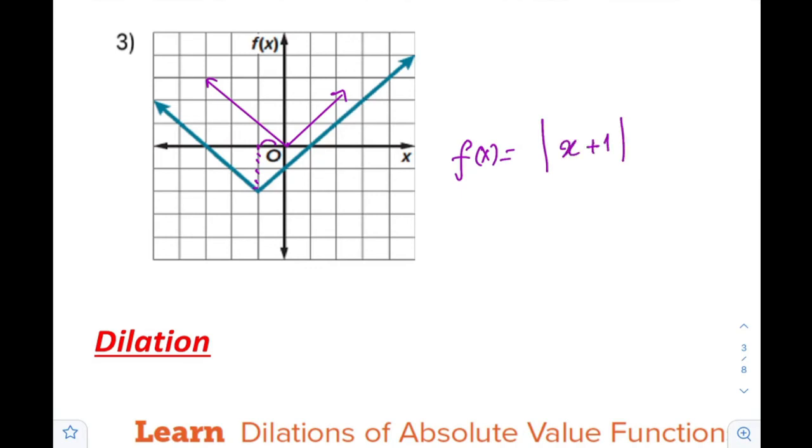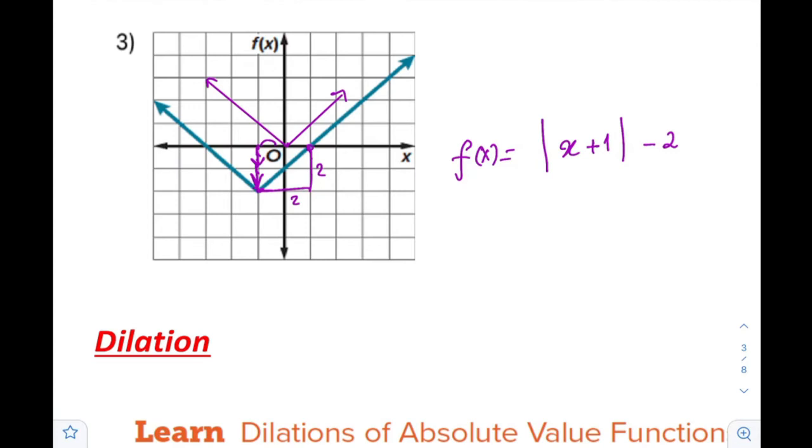This is the horizontal movement. And how many units down? 1, 2 down. So I'll put minus 2. Again, find the slope. Take any 2 points. 2 over 2. It's 1. So no need to write anything. This is the final answer.